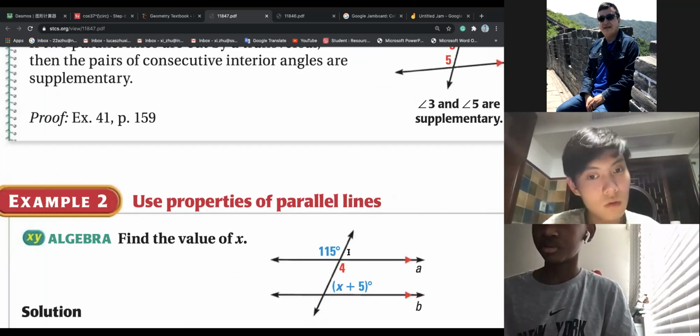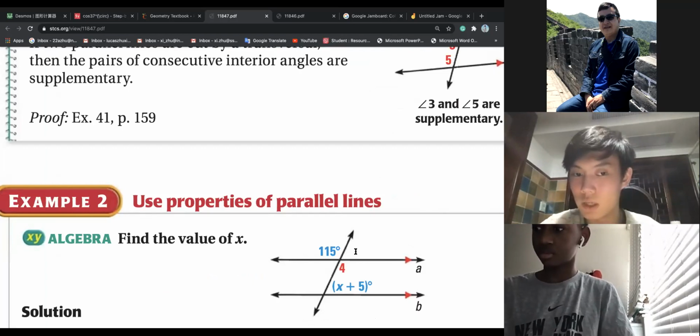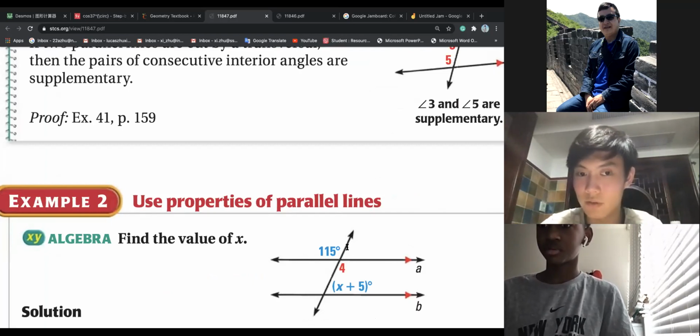Oh, so equals 65, because that equals 180. So we know this is a straight line, right? And what do they add up to? So this is 65, right?